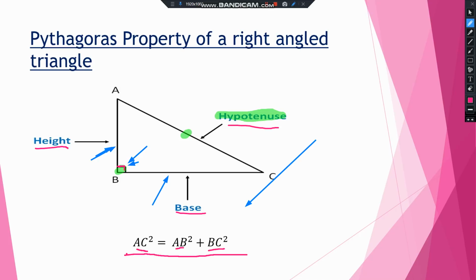That means hypotenuse square equal to square of perpendicular, or the height, plus square of base. So in any right triangle, square of the longest side is equal to sum of square of other two sides.